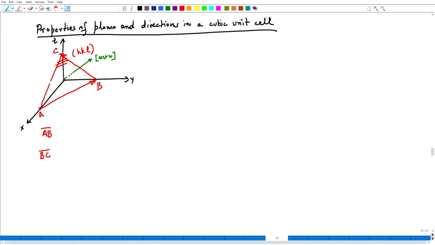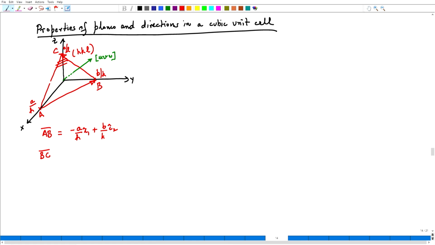Where the plane HKL intersects the x, y and z axes, the intercepts will obviously be a by h, b by k and c by l. So, from the previous lecture, the vector AB I can simply write as minus a by h times the unit vector I1 plus b by k times the unit vector I2.